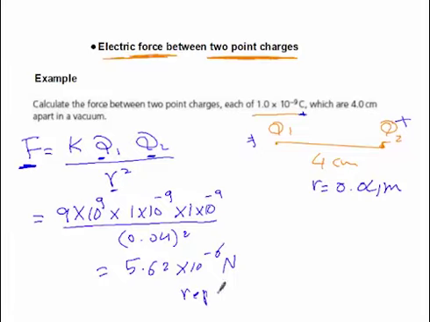So remember, if you have positive with positive, the answer will be positive, and the positive sign means that you have repulsion force. Even if Q1 is negative and Q2 also is negative, we will end with a positive sign. Again, positive means repulsion.